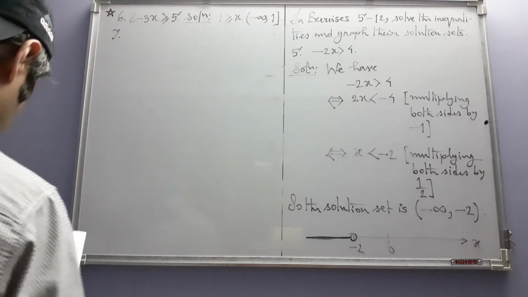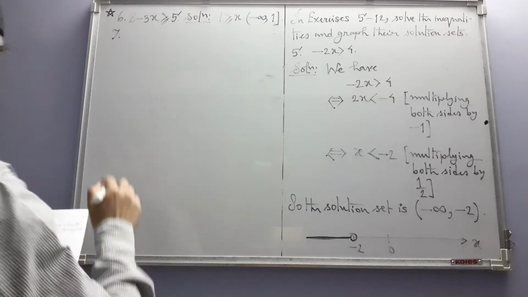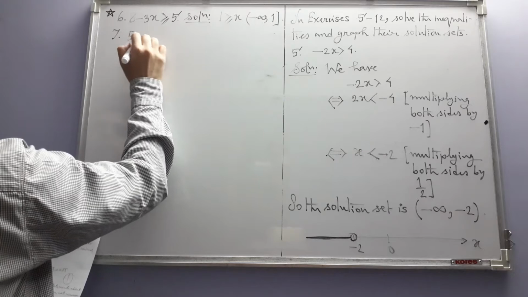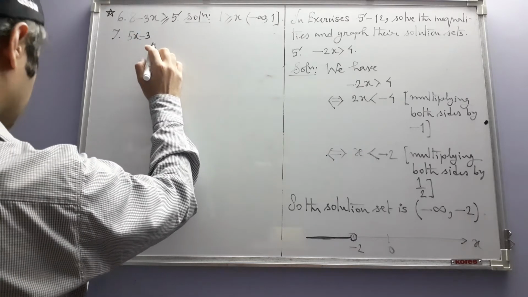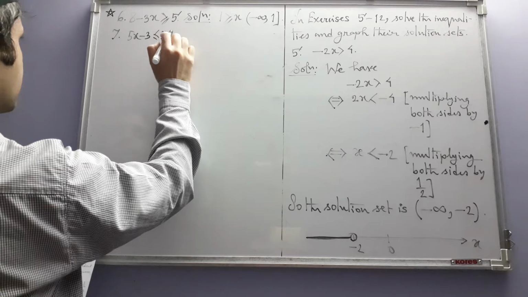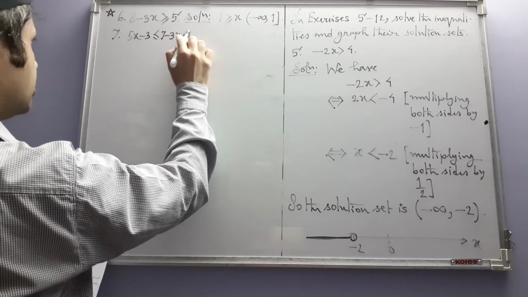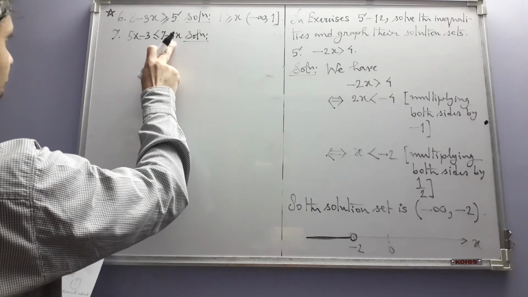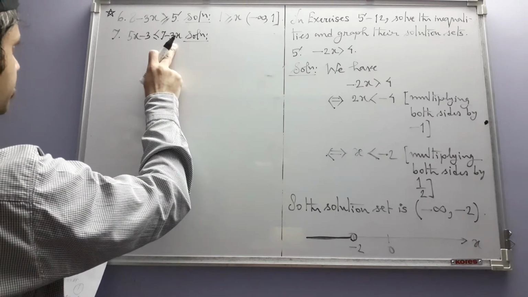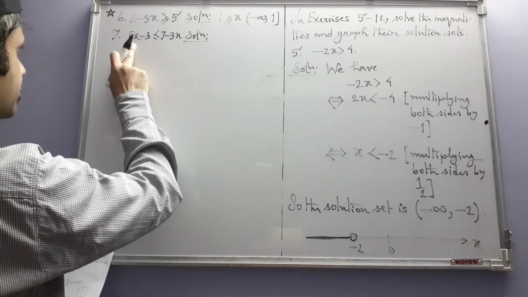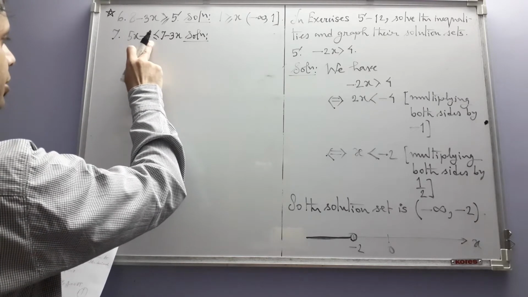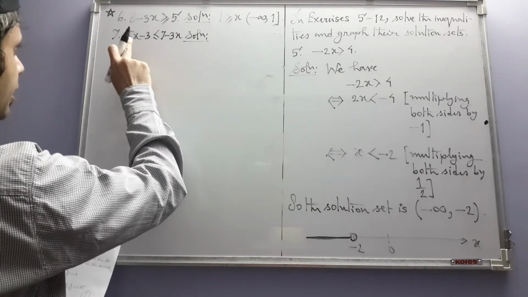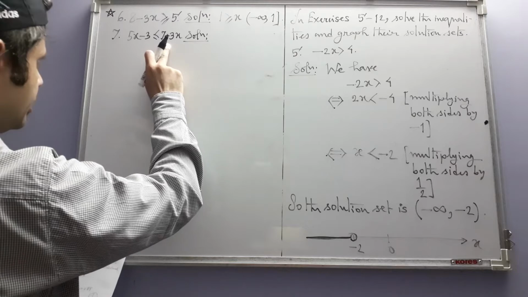Then 7. In 7 we have 5x minus 3 less than or equal to 7 minus 3x. So what happens when we add 3x on both sides? We will have 8x on this side, and if we add 3 to that side also, then 8x is less than or equal to 10.